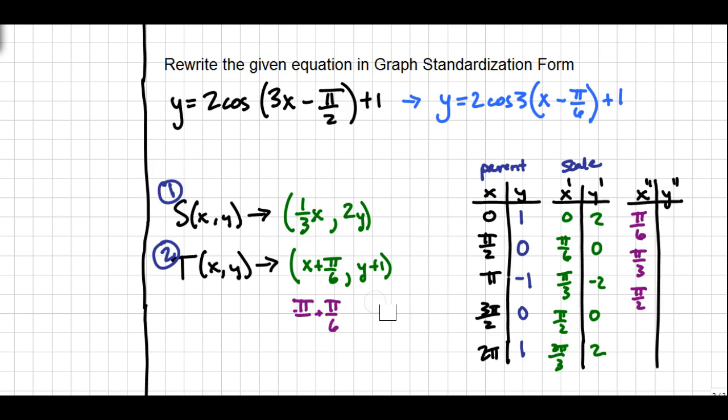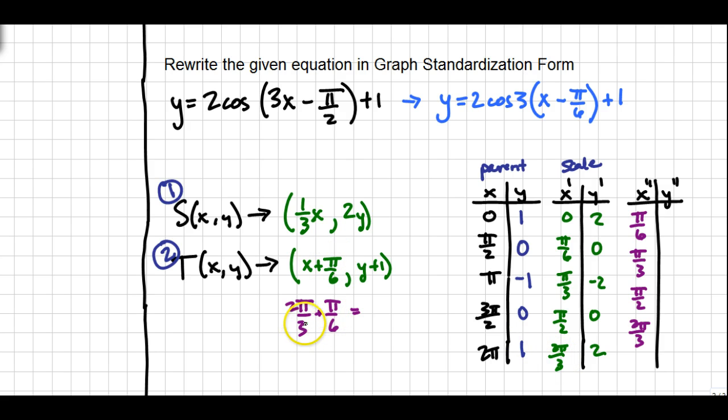Now I'm at pi over 2, so let's see what we get for that. Pi over 2 plus pi over 6. Again, I have to worry about common denominator, so that's going to be 3 pi over 6. Add that to another pi, I get 4 pi over 6. When you reduce that, you get 2 pi over 3. This is just basic fraction stuff going on here, folks. And then on the last one, we've got 2 pi over 3 plus the pi over 6.